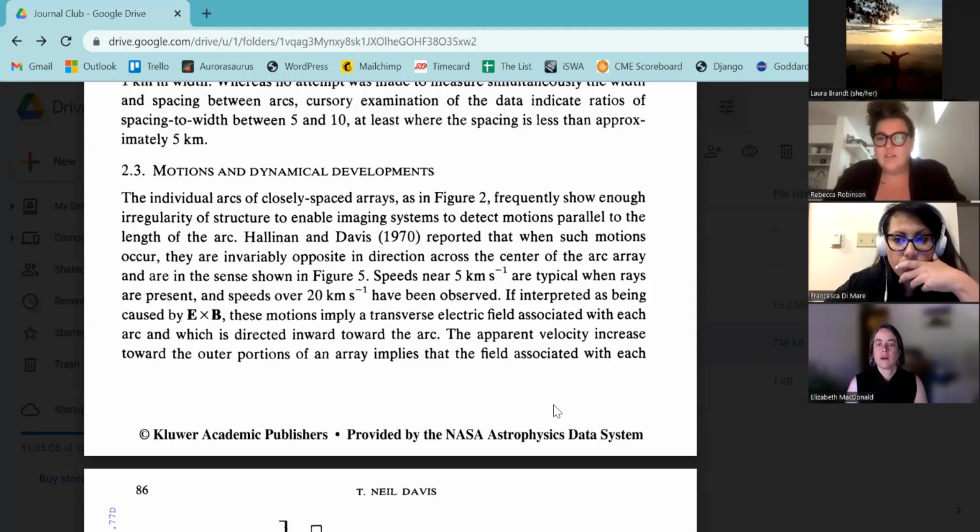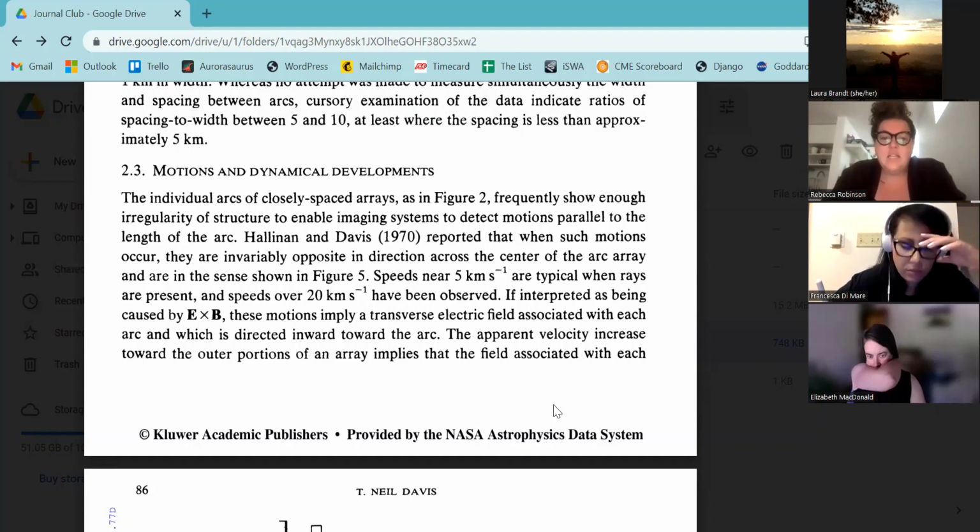If interpreted as being caused by E cross B, I assume E cross B drift, is that what they're talking about? These motions imply a transverse electric field associated with each arc, and which is directed inward towards the arc.